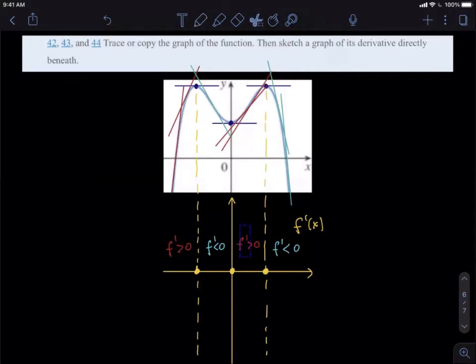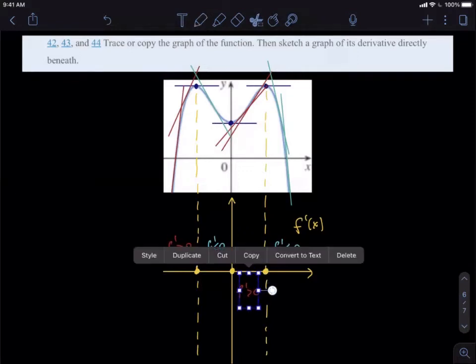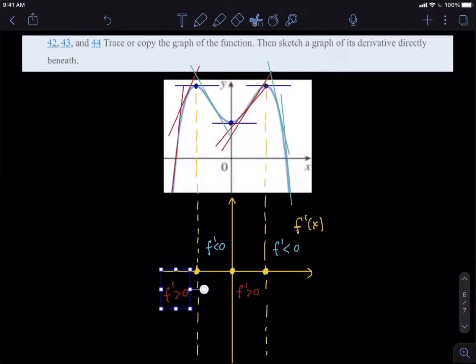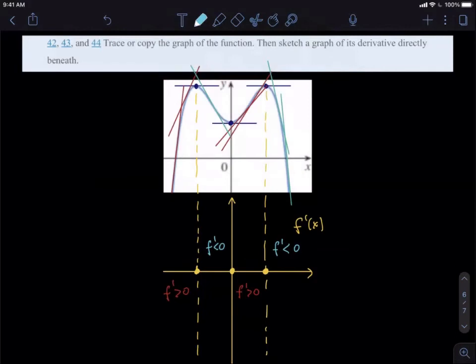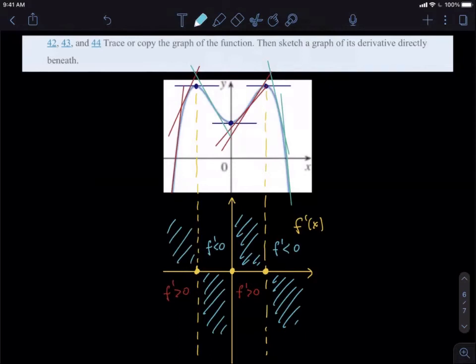So, let me put this over here. You'll see why. Our function then needs to live somewhere here. It has to live here, here, and here, because that is where a function can be positive or negative.